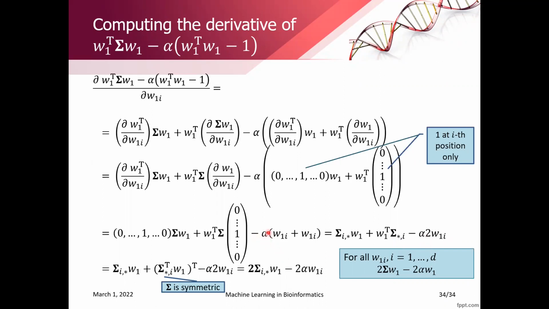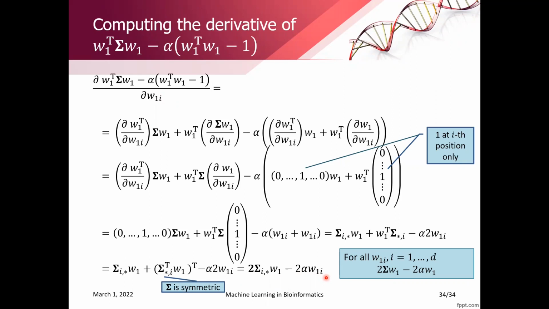Minus, and from here we have alpha times the same, 2 times the ith element of W. So altogether, the derivation according to the ith component of W sub 1 gives 2 times the product of the ith row of the covariance matrix times W sub 1 minus 2 alpha times the ith element of W sub 1. This was for the ith element.